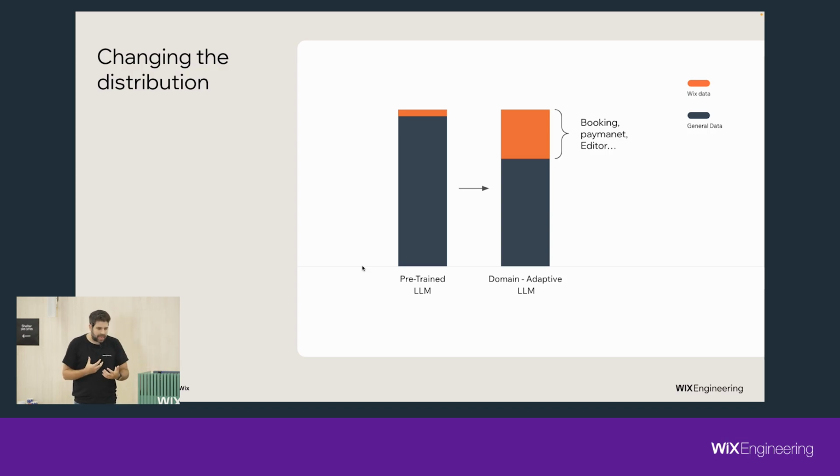So the idea behind balancing and sampling the data is that in the end of the day, we want to move the pre-trained model knowledge about Wix to a different distribution. We have the amount of tokens that are relevant for Wix or our domain that the pre-trained LLM is aware of.